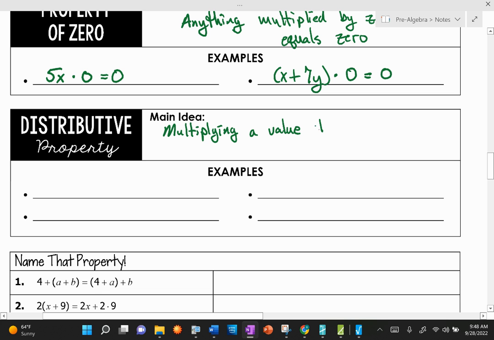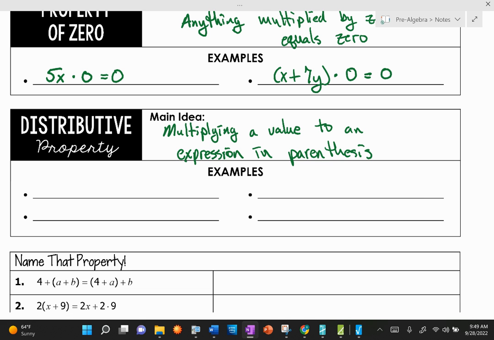Multiplying a value to an expression in parentheses. What did that say? Let's read expression in parentheses.